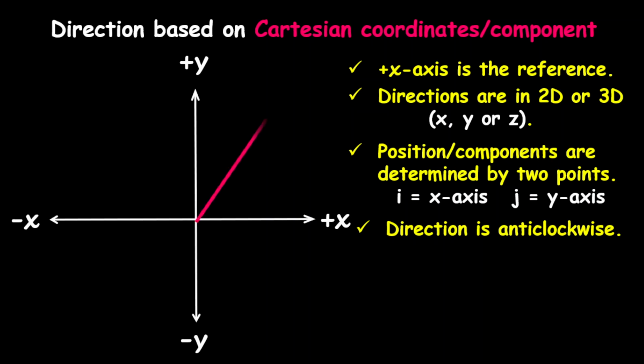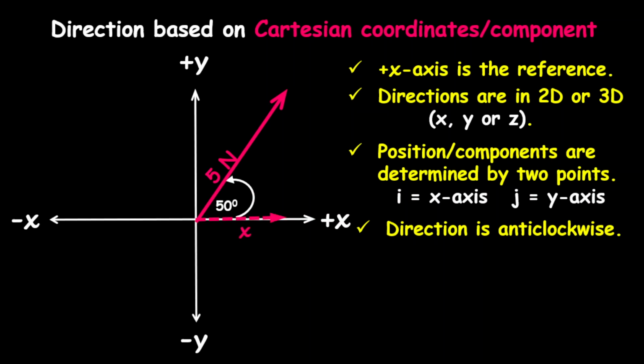So let's take, for example, a vector between the positive y and positive x, with a magnitude of 5 newtons at an angle of 50 degrees from the positive x. Notice again, the direction is counterclockwise.